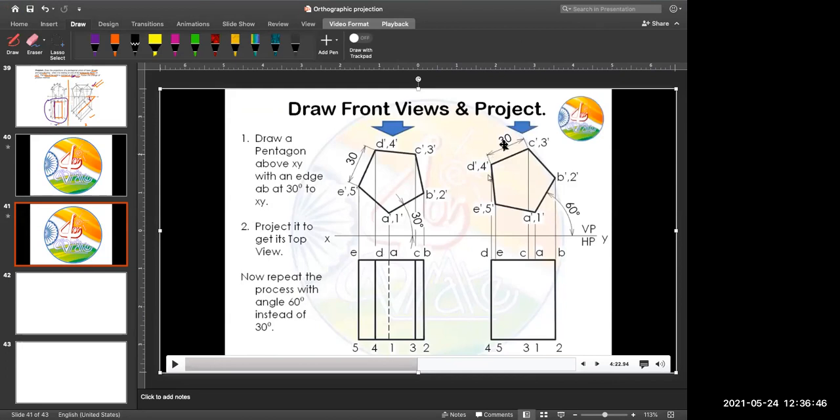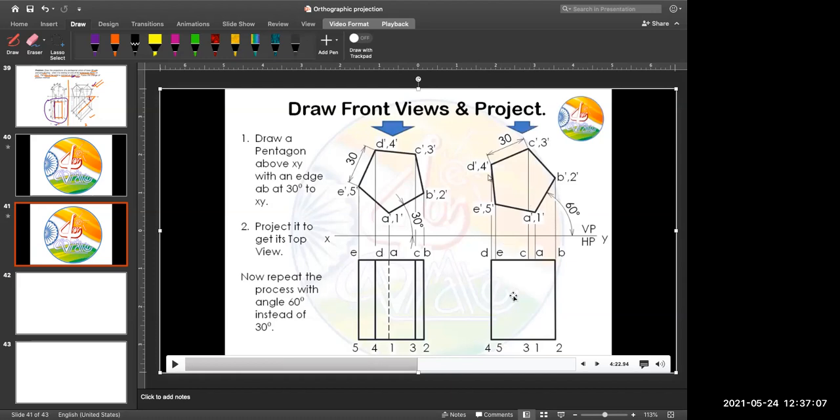It is not clear. Here you can see now the pentagonal prism is resting on your vertical plane, with one of its edges inclined at 60 degrees with your horizontal plane. Now we are going to draw the top view. We have drawn the front view, how it will look.